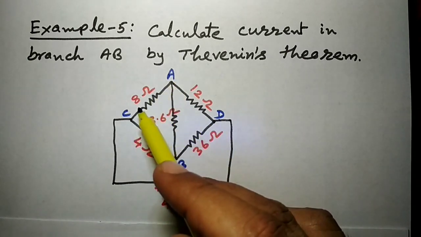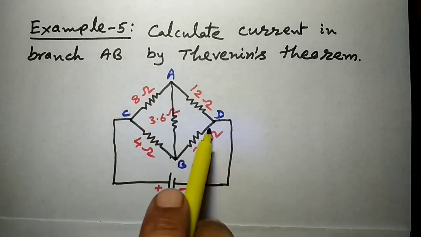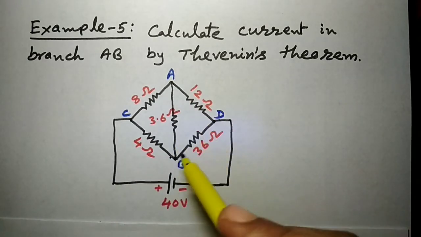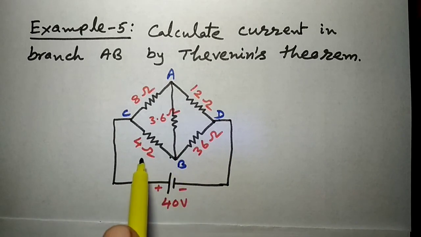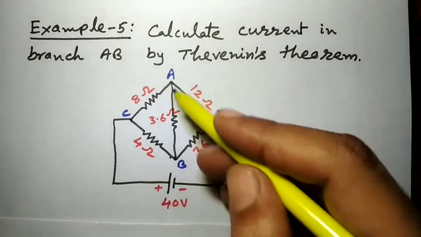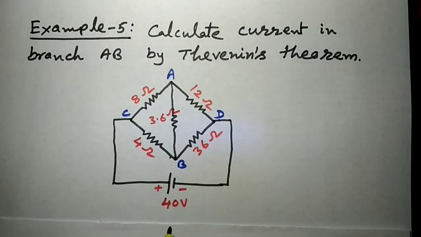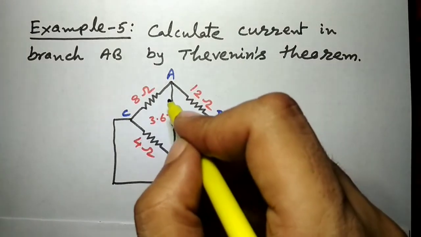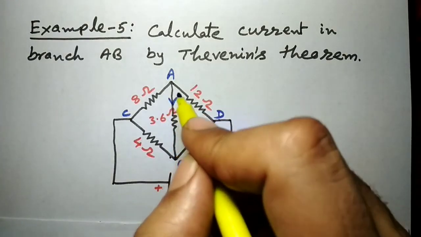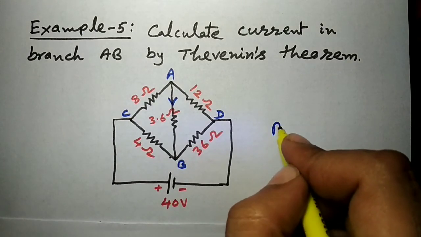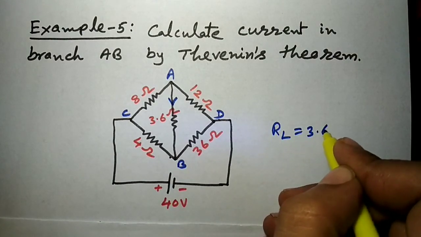Between A and C it is 8 ohm resistance, between A and D 12 ohms, between B and D it is 36 ohms, and between C and B it is 4 ohms, and between A and B it is 3.6 ohm resistance, and there is a voltage source of 40 volt. So you have to calculate the current through the 3.6 ohm resistance. That means here the load resistance is 3.6 ohm.